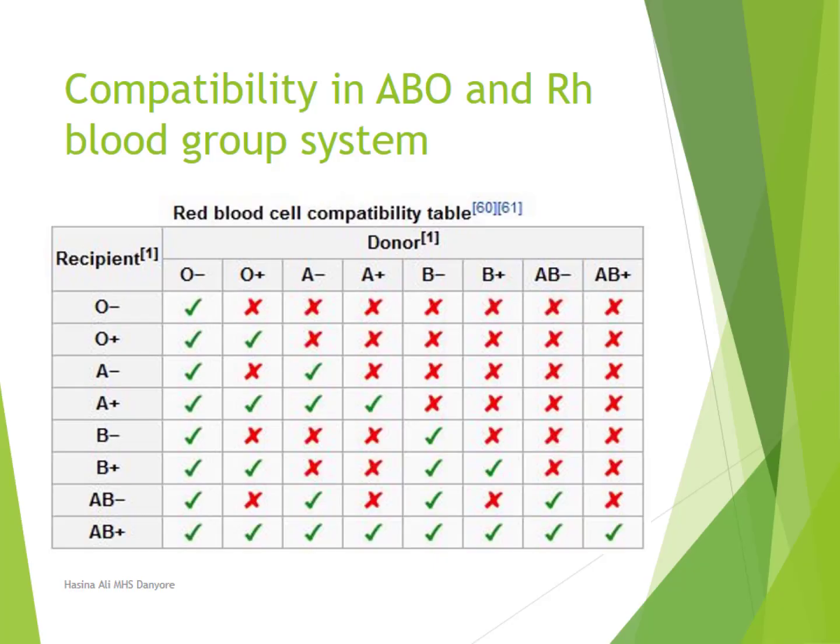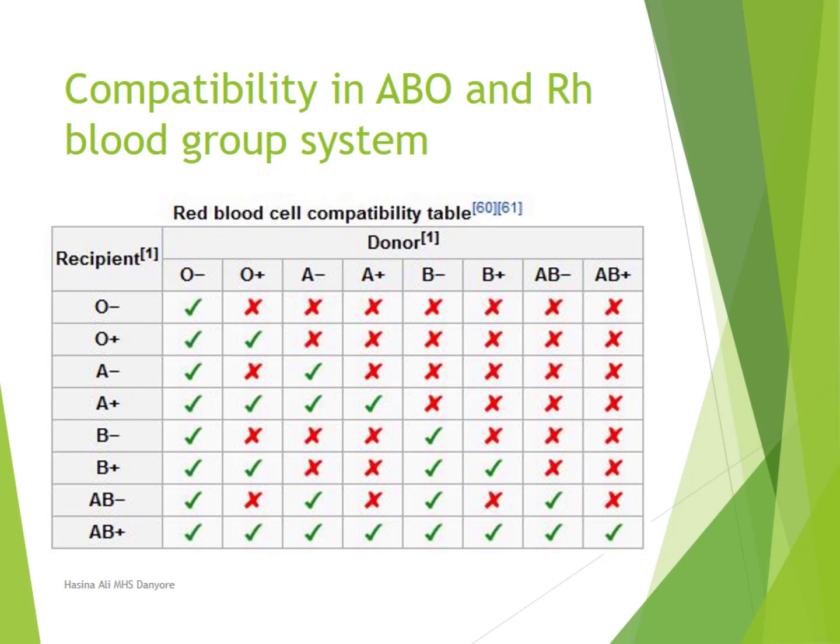So dear students, this chart shows compatibility in the ABO and Rh blood group system. With the help of this chart, we can see that O negative blood can be received by every other blood group.